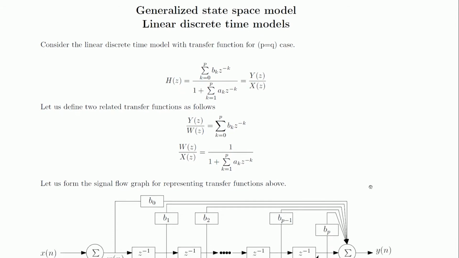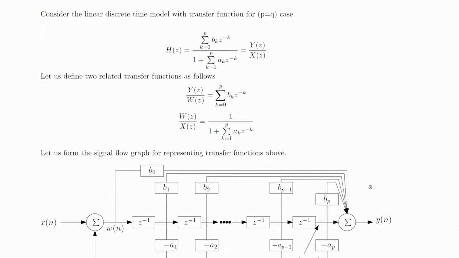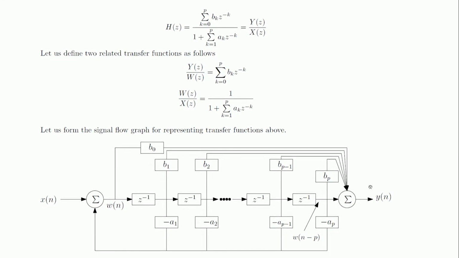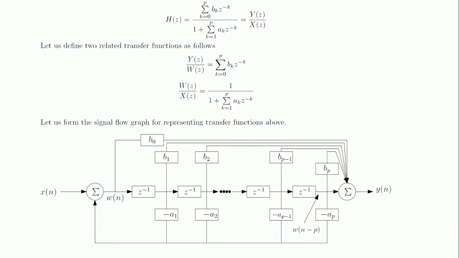So, the first and foremost step is to form a signal flow graph which represents the above transfer functions. So, we start with the input which is x of n, and it goes through a delay line, and we have p equals q. So, basically we have p number of delay elements. z power minus 1 is one delay element, like this we have p such delay elements.